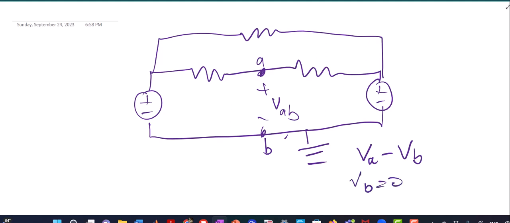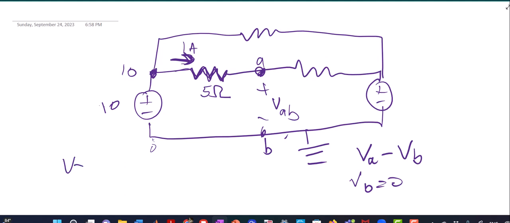And then I know this voltage is whatever this voltage source is. So let's say that this voltage source is 10. Since the bottom is 0, the top has to be 10 more than that. Now, if I can find the current going through this resistor, then I know what the voltage is on this side relative to the 10 over here. So let's say this resistor is a 5 ohm resistor, and the current going through it is 1 amp in this direction.